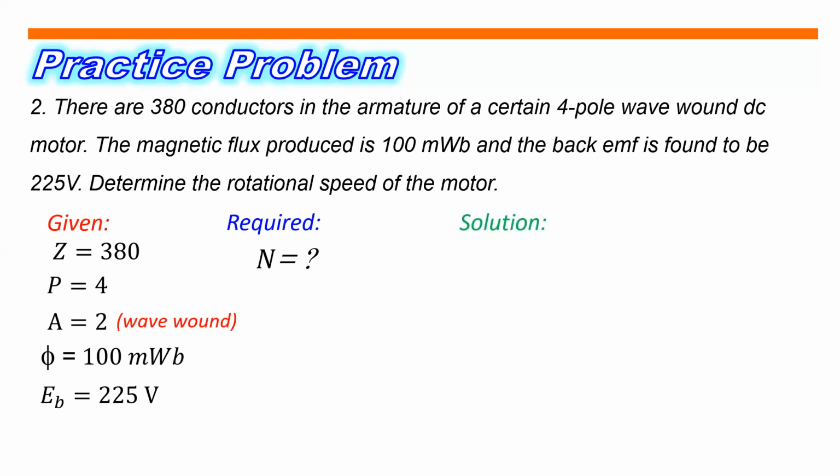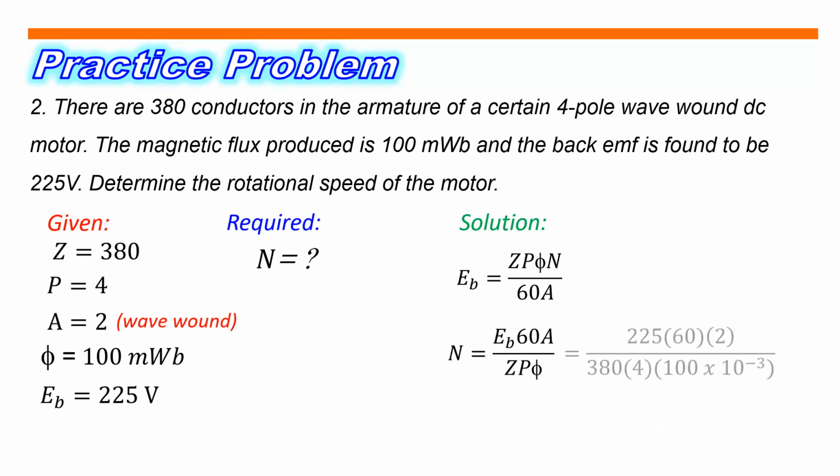So using our equation, the back EMF, then since ang hinahanap natin ay yung rotational speed or N, so imamanipulate natin yung equation. So to find the rotational speed, that will be equal to back EMF multiplied by 60 multiplied by the number of parallel paths all over the number of conductors multiplied by the number of poles multiplied by the magnetic flux.